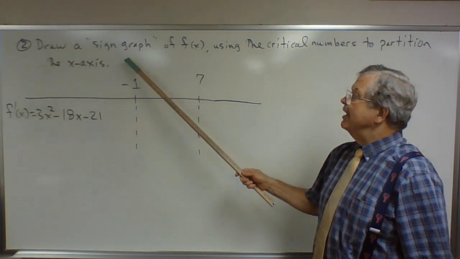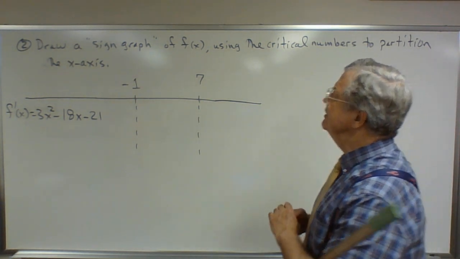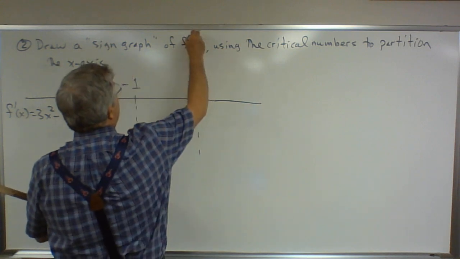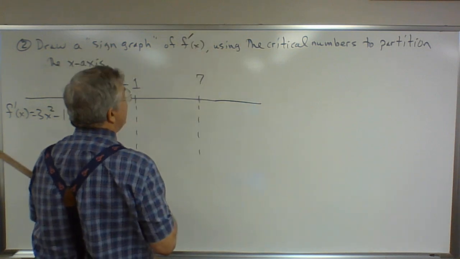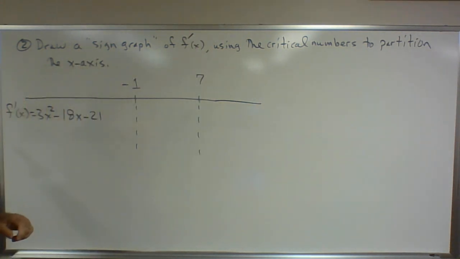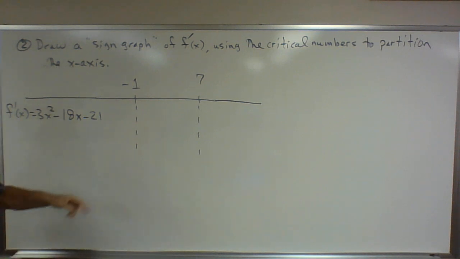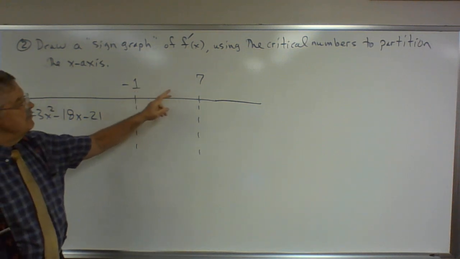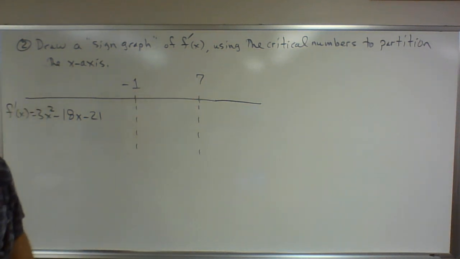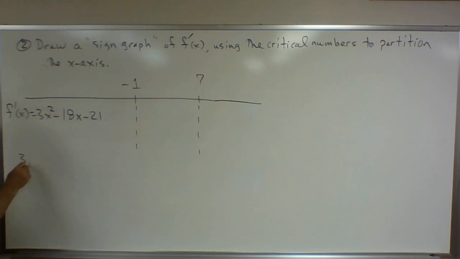Next step, draw a sign graph of f prime of x using the critical numbers to partition the x-axis. Here's our derivative. Here are our critical numbers, -1 and 7.